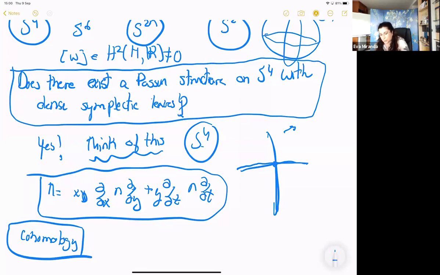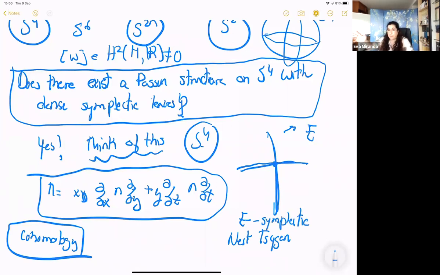Whenever I can associate a Lie algebroid, I can define what Nest and Tsygan considered in the late 80s, when they already defined what is an a-symplectic manifold. This is in an old paper about holomorphic Poisson structures by Nest and Tsygan, which was a little bit forgotten, but they introduced this name.